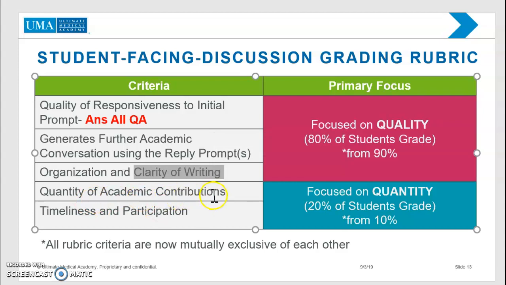Quantity of academic contribution means how many posts did you submit. Remember, 1 is your main discussion post. The other 2 are the replies you will be submitting towards your classmates or your instructors. Timeliness means, did you submit all 3 replies on 3 different days?